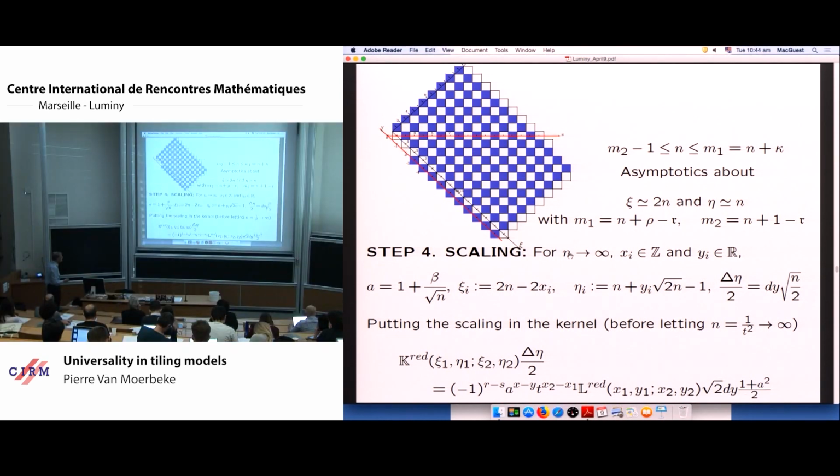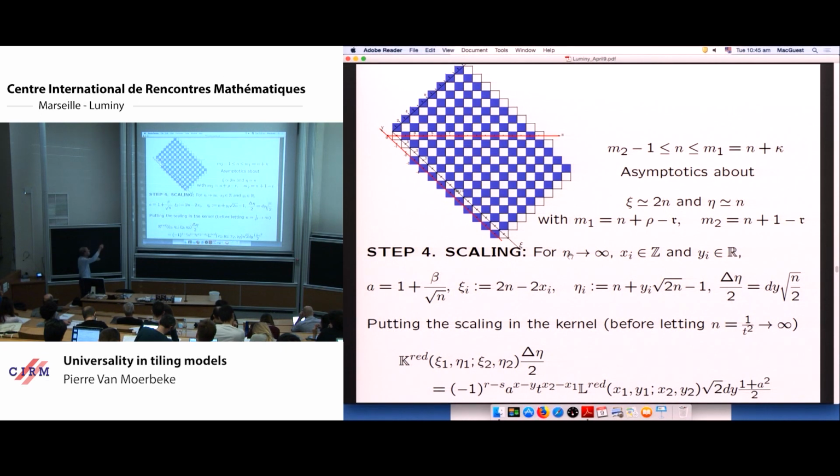And so if you put that in your red kernel here, you will find there are certain things which come out, but they are conjugation. You know, a kernel, you always can conjugate by things, so you can remove these things, they don't matter. And you find a new kernel, which I will call L red. After putting in all that stuff, I want to let n go to infinity, okay?